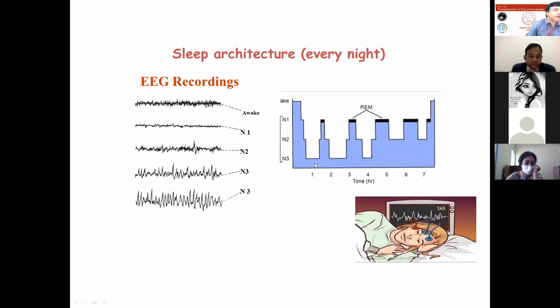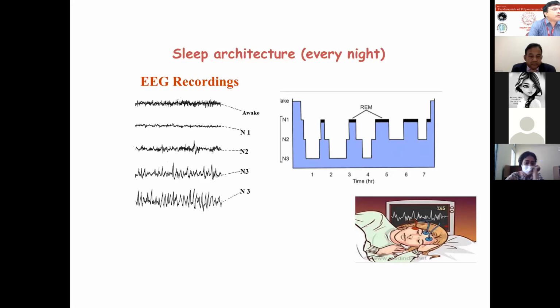N3, we can call a deep sleep stage. And we have the REM sleep stage. So this is a very typical sleep architecture, or hypnogram, that is expected from any healthy adult human being whenever we record the polysomnographic data for the whole night.